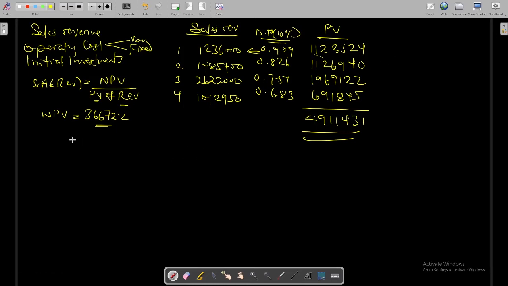Okay, so the sensitivity analysis of revenue is equal to 366,722 divided by 4,911,431.